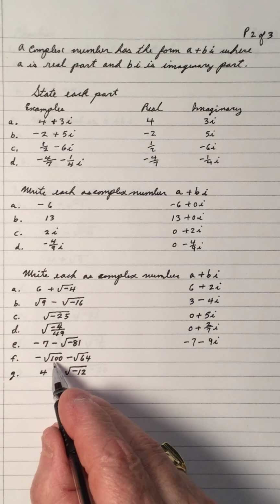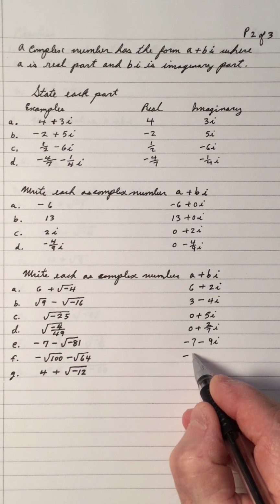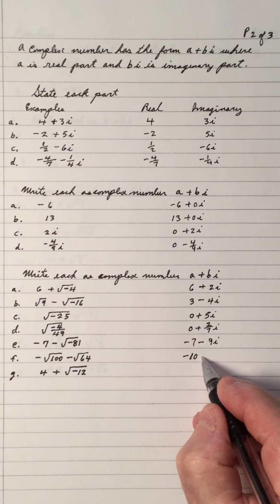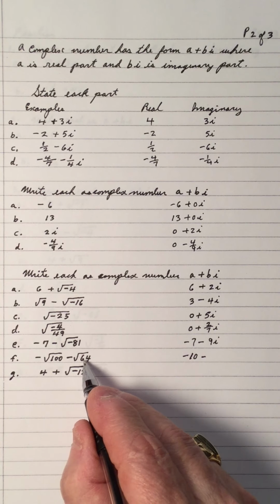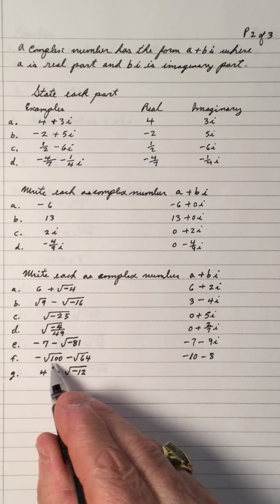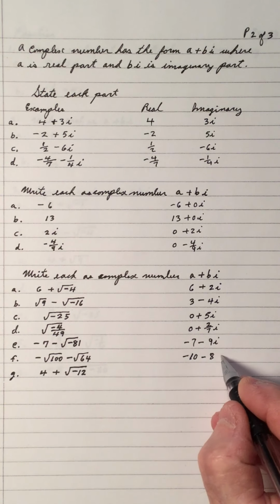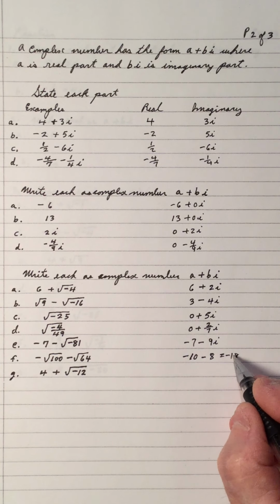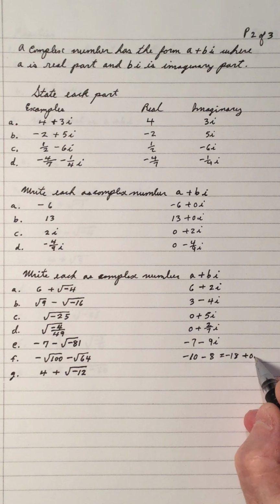F, the negative square root of 100, so the square root of 100 is 10. Subtract the square root of 64, which is 8. And notice there's no negative numbers inside the root, so they're all real, so that's a negative 18. So it's a negative 18 plus 0i.